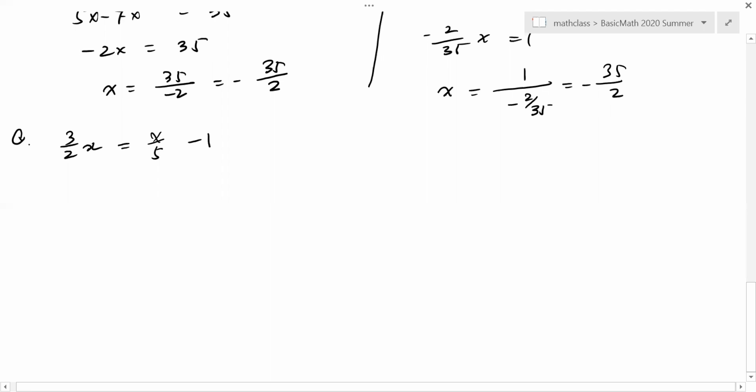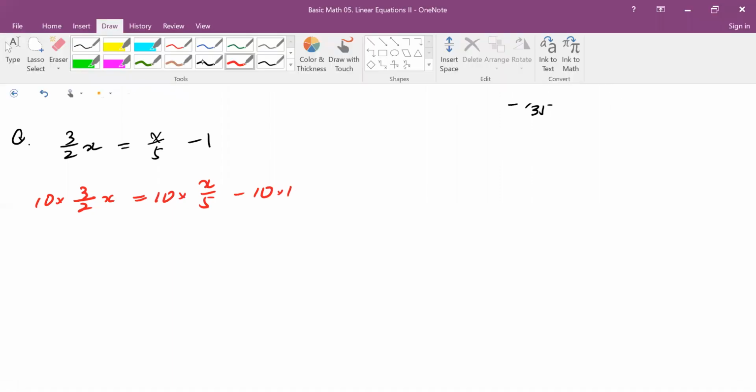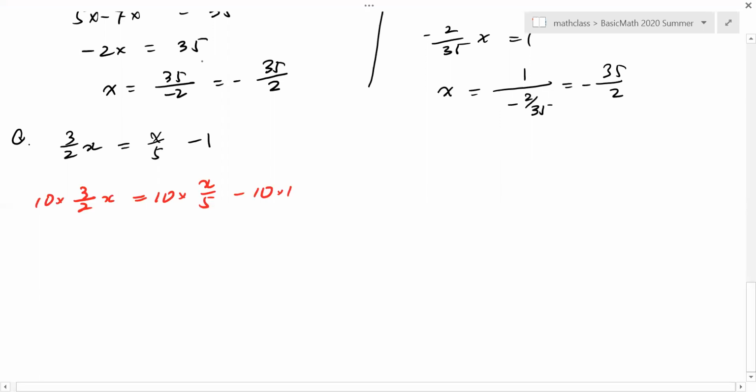So what you have to do is multiply by 10 on both sides. So if you multiply by 10 on both sides, you get 10 times 3 over 2x, right? And equals 10 times x over 5 minus 10 times 1, right? That's a key step.